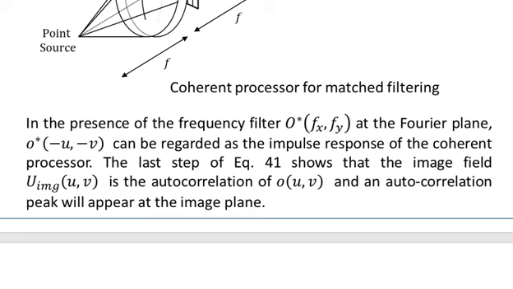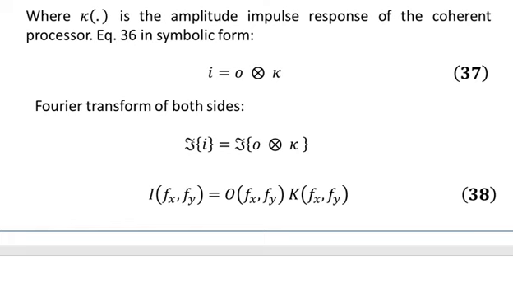In the same way as we call capital K in equation number 38 the Fourier transform of kappa, because kappa is the impulse response of the system or the point spread function of the system, and you know that capital K is actually the transfer function. So we have replaced capital A with capital O star.